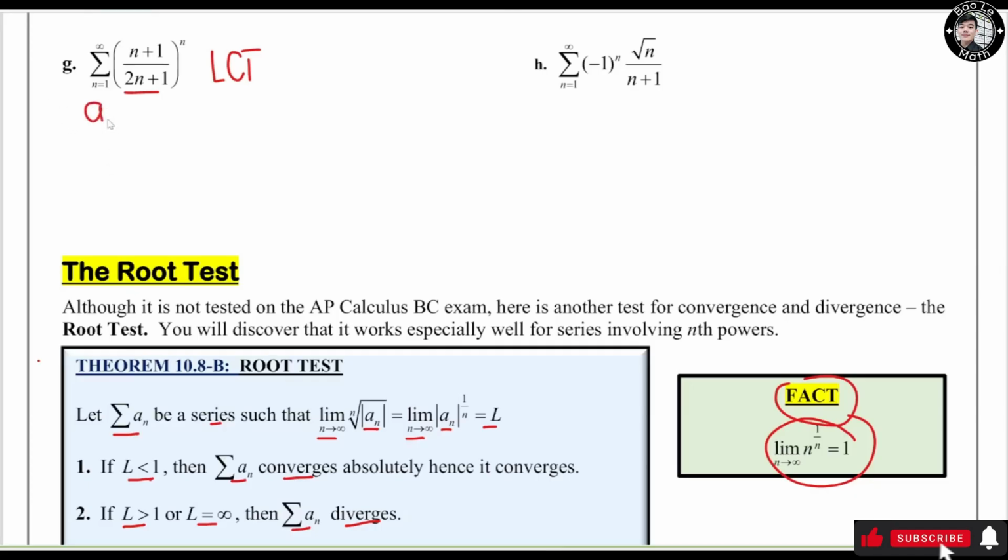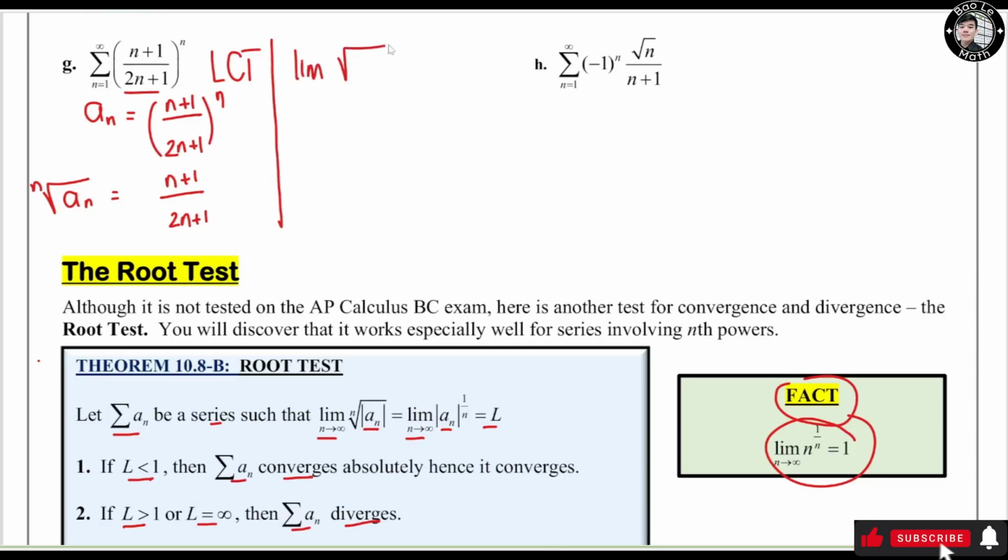So I'm going to let a sub n be n plus 1 over 2n plus 1 all together raised to the n. I'm going to take the nth root of both sides, so it's going to be n plus 1 over 2n plus 1. Now I'm going to take the limit of the nth root of the absolute value of a sub n as n approaches infinity, which equals the limit of n plus 1 over 2n plus 1 as n approaches infinity.